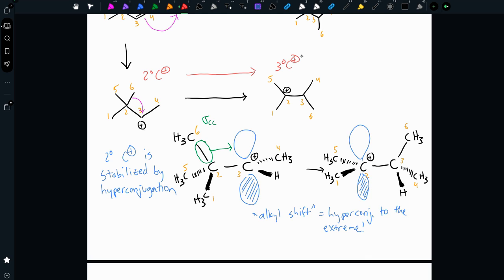We know that a tertiary carbocation is less unstable because it has more opportunity for hyperconjugation. Now there can be hyperconjugation from carbon 3, from carbon 1, from carbon 5. So that tertiary carbocation is less unstable. So that's the driving force for this rearrangement.